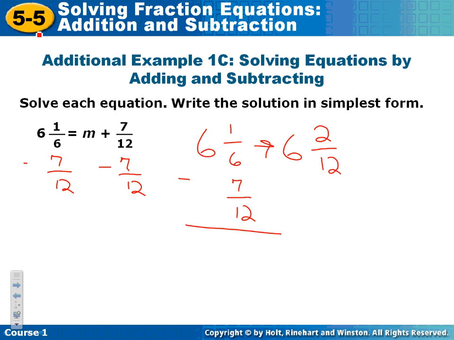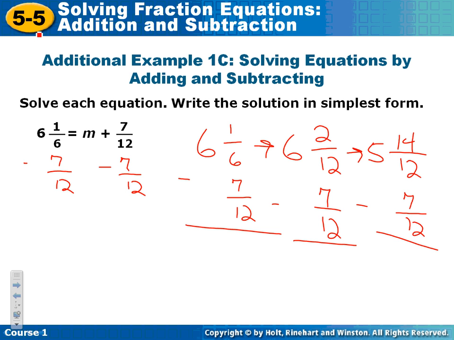So this is a 2 minus 7/12. Can't do it because we need to regroup. Can't take 2 away from 7, so this is going to become a 5 and 14/12 minus 7/12, which then will become a 5 and 7/12. And it's M.